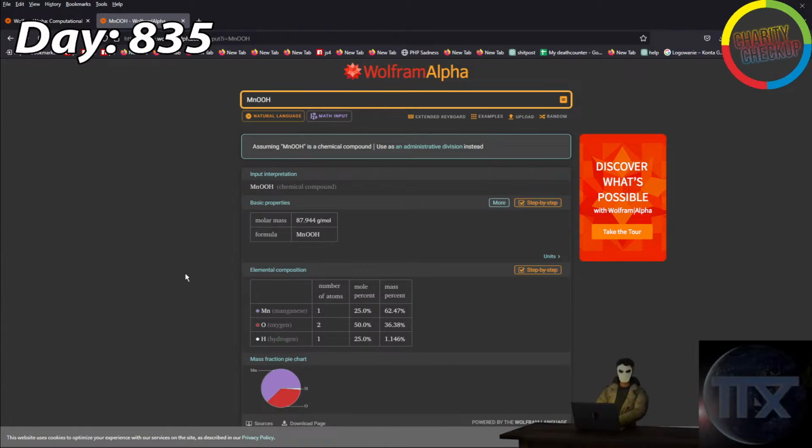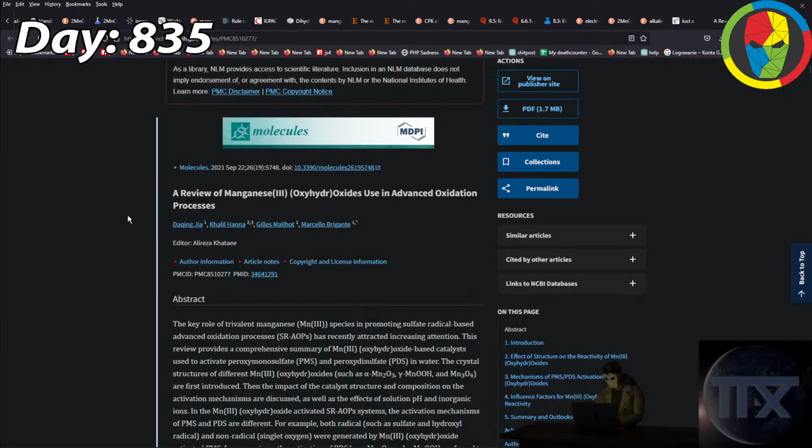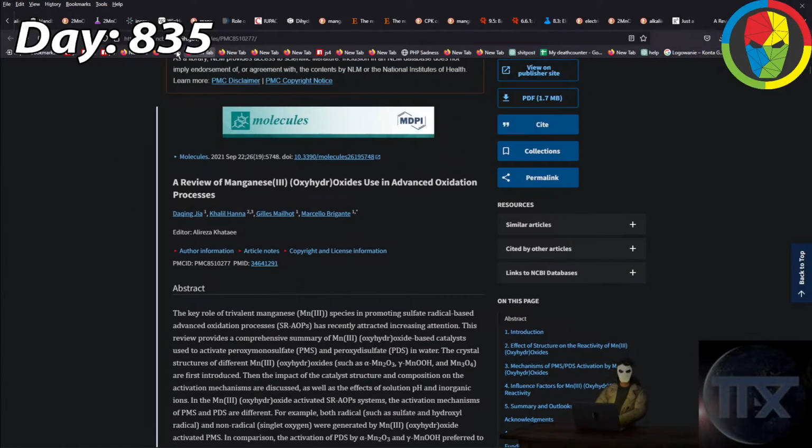That's because manganese oxyhydroxide is small enough. Well, it could be a crystal. No, Wolfram Alpha would show a crystal structure, wouldn't it? This makes me less hopeful now, honestly.